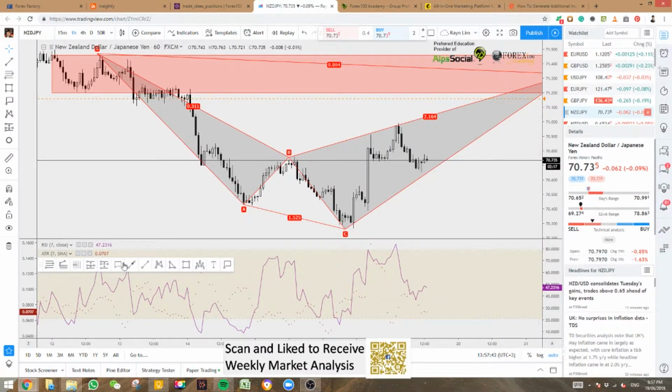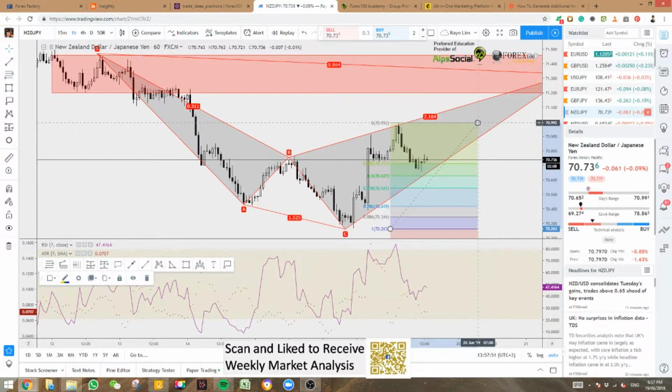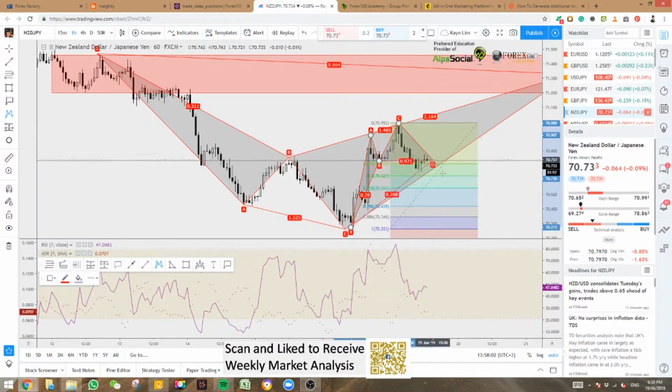Okay, so let me just do a sketch on this opportunity. This is the bullish shark, X to A to B, B to C, CD completion somewhere near here.